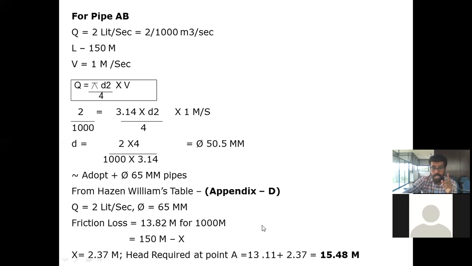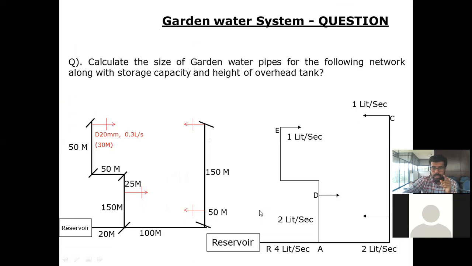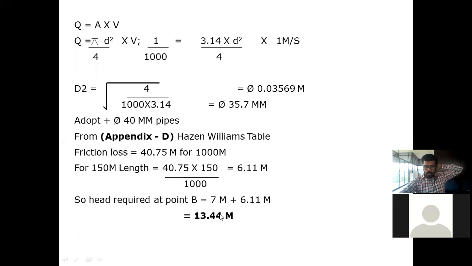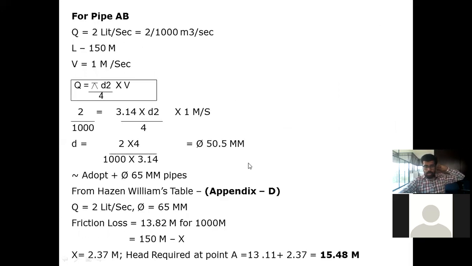So the head required at this point A, in order to get terminal pressure of 13.44 at B, how much it should be? This 13.44 plus the friction loss at AB. The friction loss at AB we have already found out, it is 2.37, and the terminal pressure at B we have already found out. It is 13.11, right?